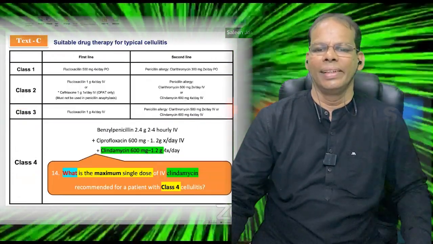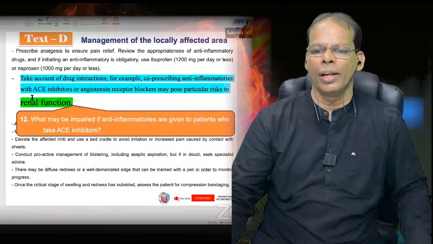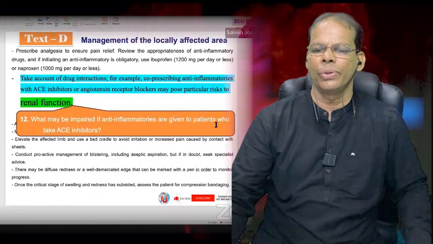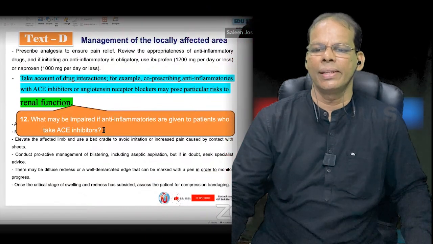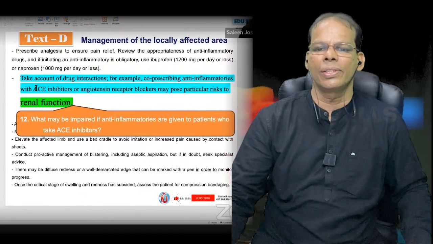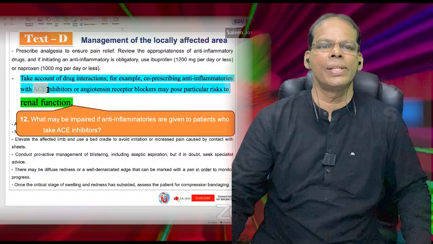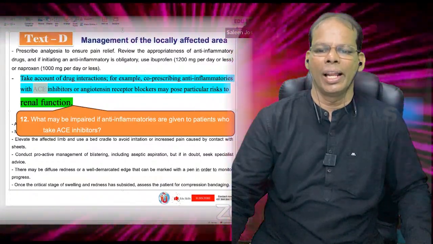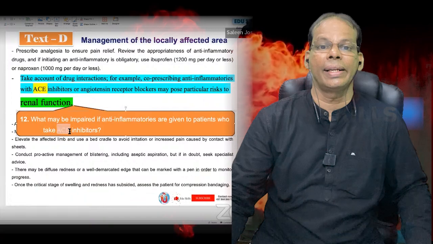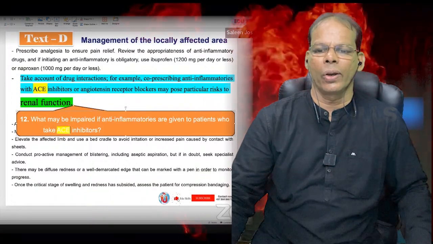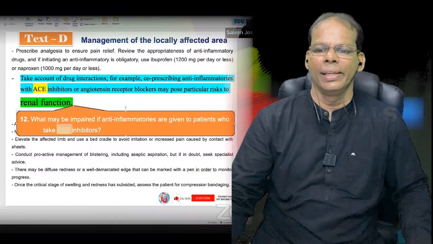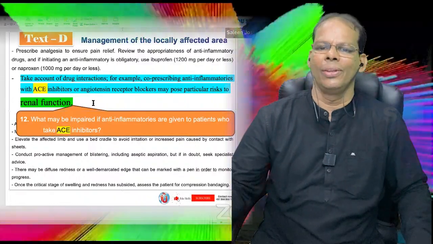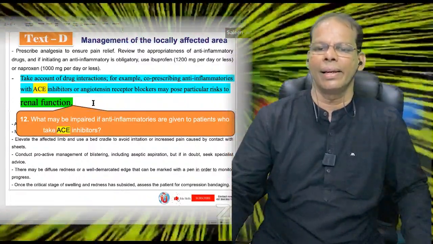Yes, Father. Text D: what may be impaired if anti-inflammatories are given to patients who take ACE inhibitors? I said you should look into these abbreviations. When there are abbreviations, you have to look into them. That will help you immediately allocate the answer in the text. From the keywords, you locate the text, and from the names, abbreviations, dosages, numbers, you locate where exactly the answer lies.